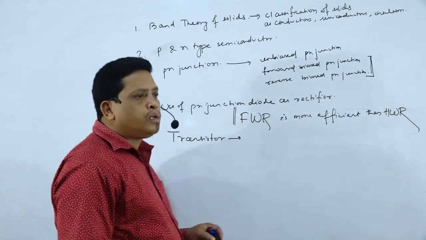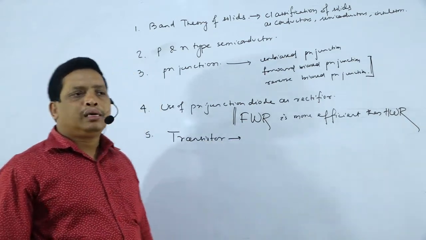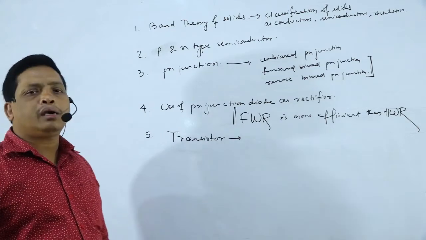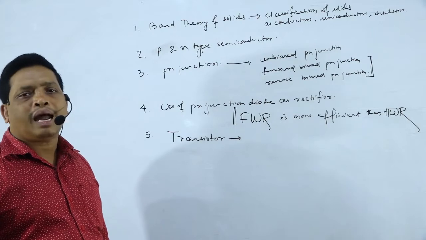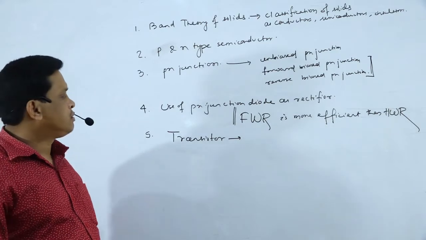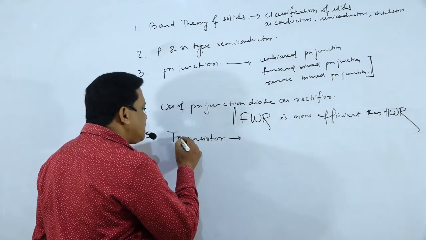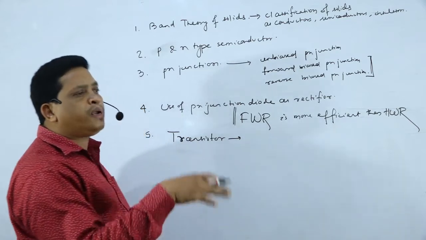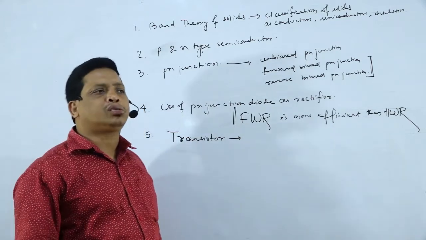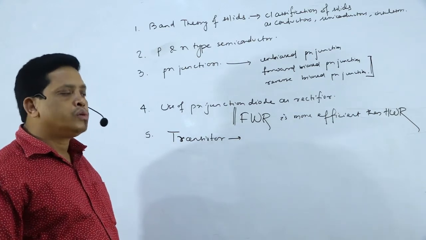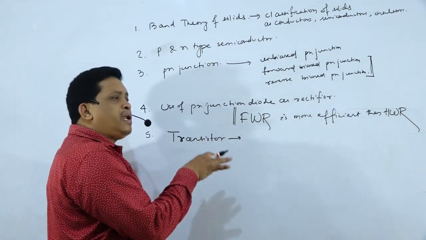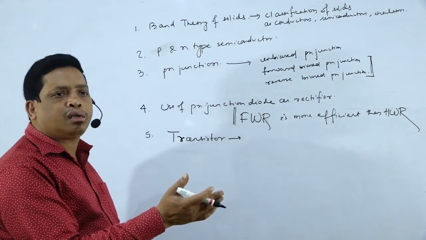As you know, the transistor is a semiconductor device having three terminals: emitter, base and collector. The transistor is of two types, PNP transistor and NPN transistor. We learned about the working of PNP transistor and NPN transistor.